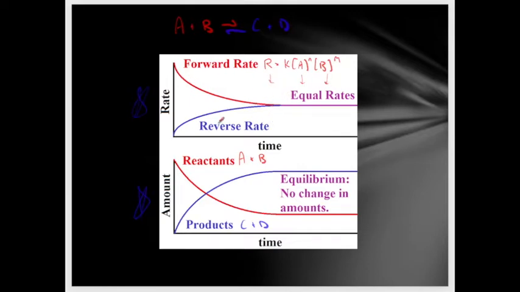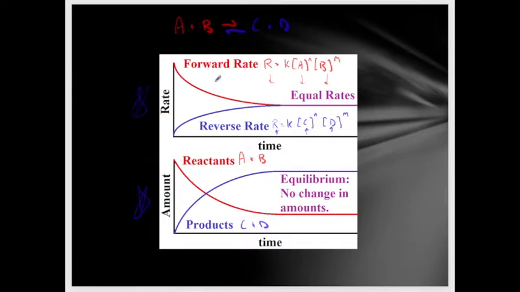For the reverse rate, it's the exact opposite. In this example, my reverse rate would be k times the concentration of C to its own n value times the concentration of D to its own order. And we know that the concentrations of C and D are rising as time goes on, and so the reverse rate would be increasing.